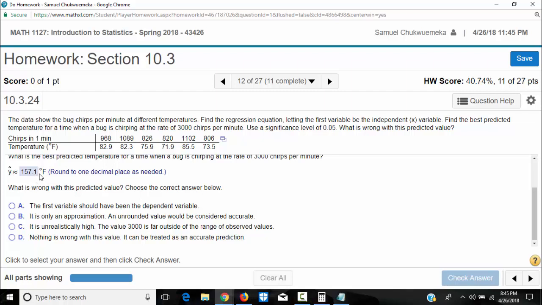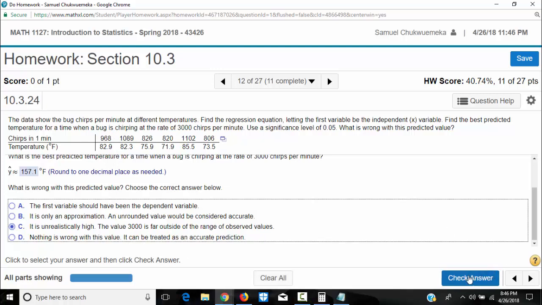This is 157.1 degrees Fahrenheit. That's very hot. So I would say it's unrealistically high. The value 3000 is outside the range of these X, which is the observed values. So I would go with C.